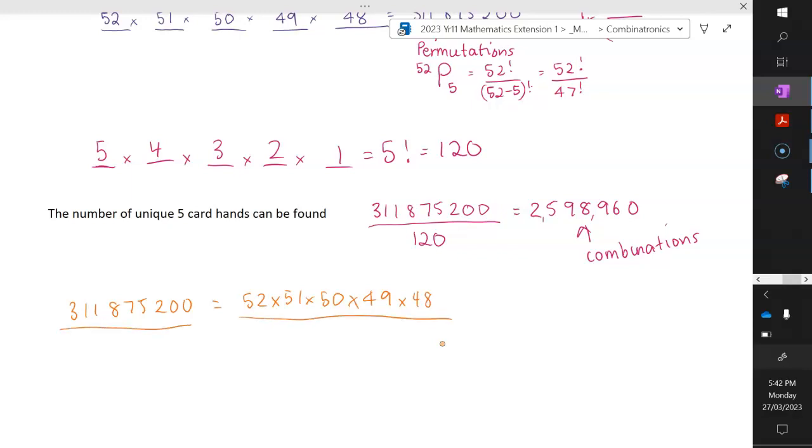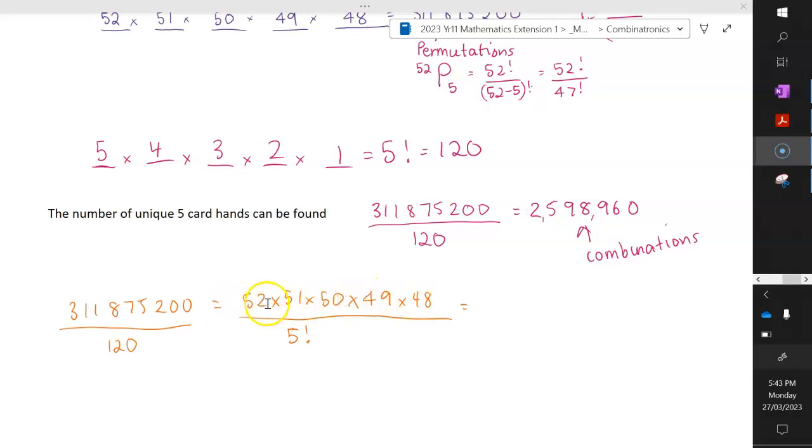And I divided that by 120, which I found by going 5 factorial. Now, I don't know if you can see a pattern there, but we started at 52 and we moved down to 48. So we've got a whole heap of numbers below 48 missing if I was to think of the top line as 52 factorial.